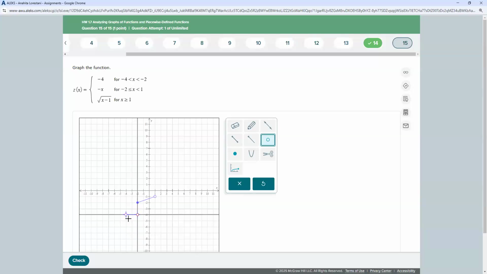I'm just going to erase that because I don't know why it's putting these little crosses around it. So let me get my eraser and erase that and that and that. And I'm going to graph it again. I think I could get the pencil too, but let's just do the line segment for this one. If you remember, I had -4 and -4, and I also have -2 and -4.